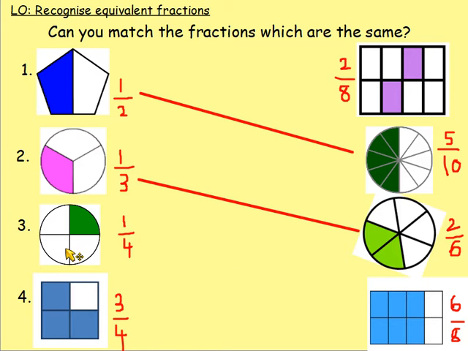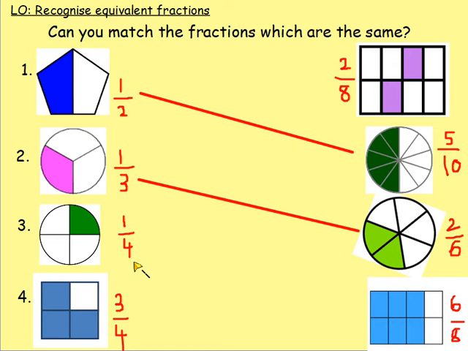Okay, 1/4. We've only got 2 left. If you look at the numbers, would 1/4 be an equivalent fraction to 2/8 or 6/8? What do you think? Think about what double 1 is for the numerator. Think about what double 4 is.